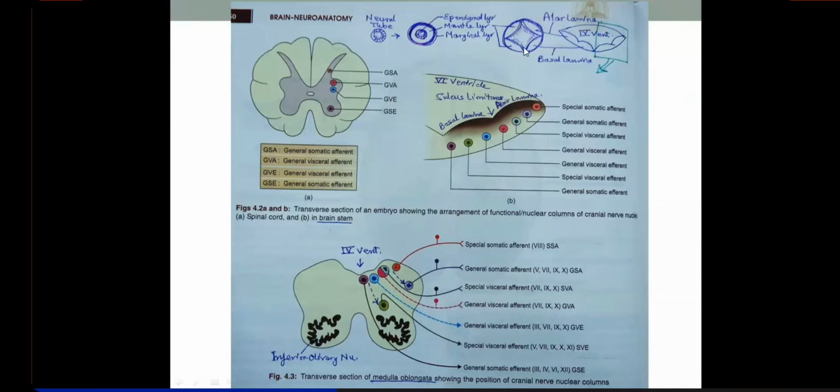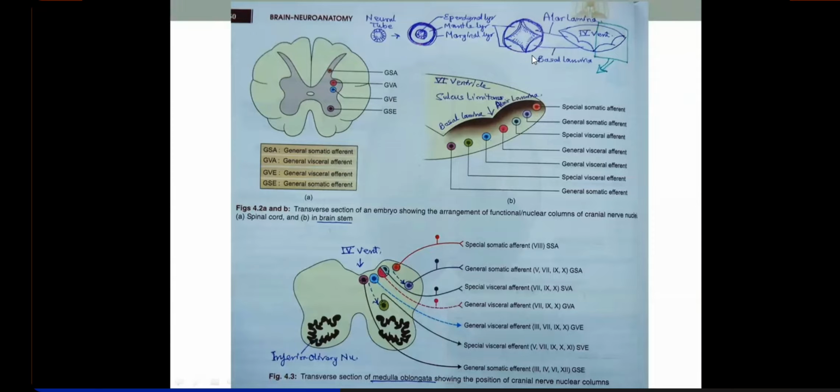This mantle layer gets divided into two basal lamina on either side, and superiorly placed two alar lamina. So these are two alar lamina and these are two basal lamina.